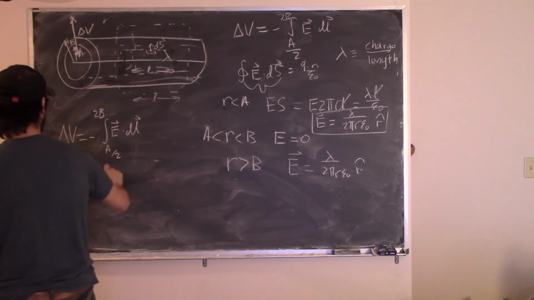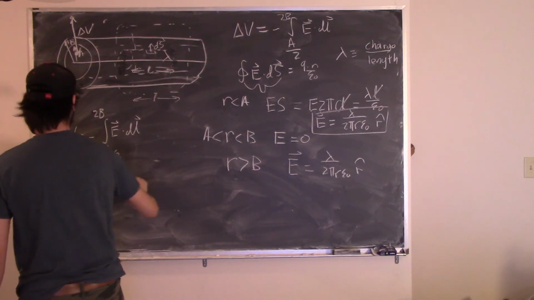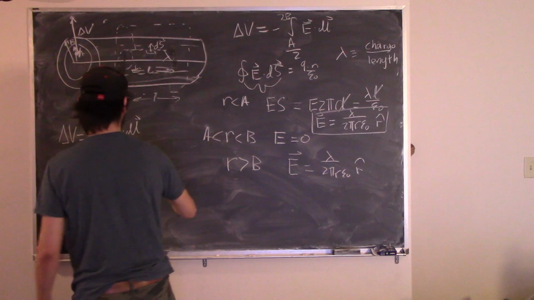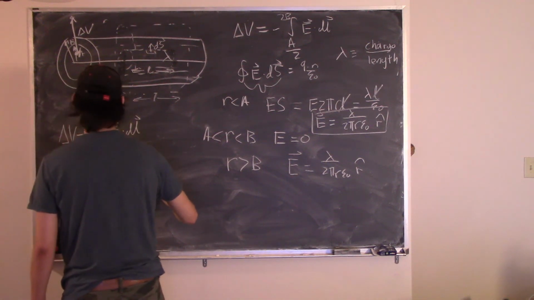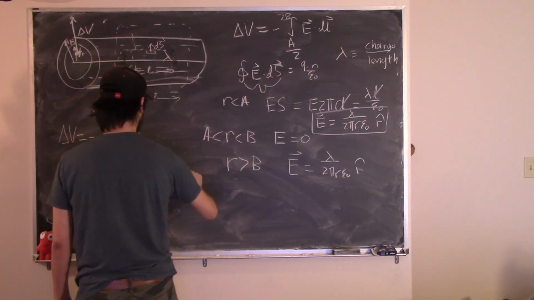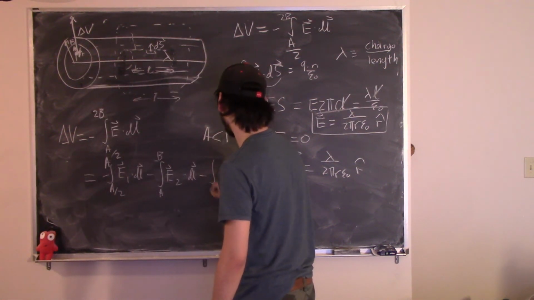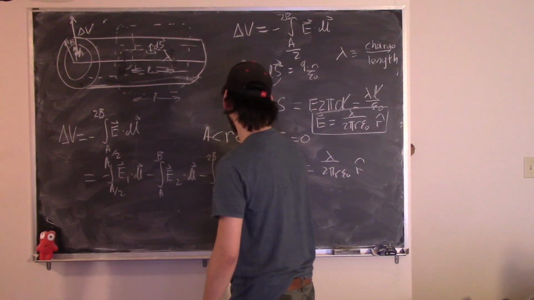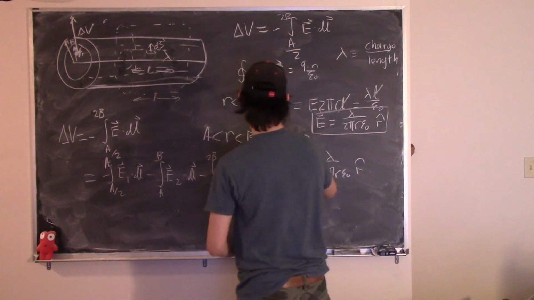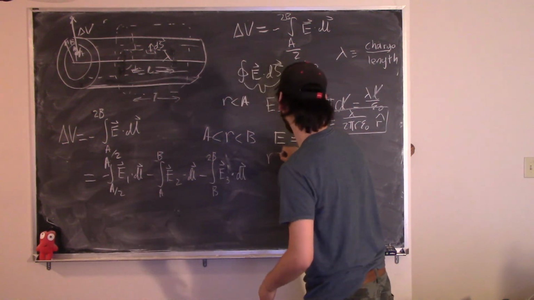This is going to be the integral from a over 2 to a of E1 dot dl, minus the integral from a to b of E2 dot dl, minus the integral from b to 2b of E3 dot dl. And this is r greater than b.